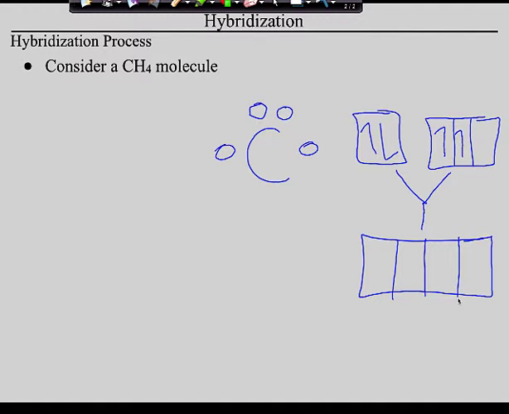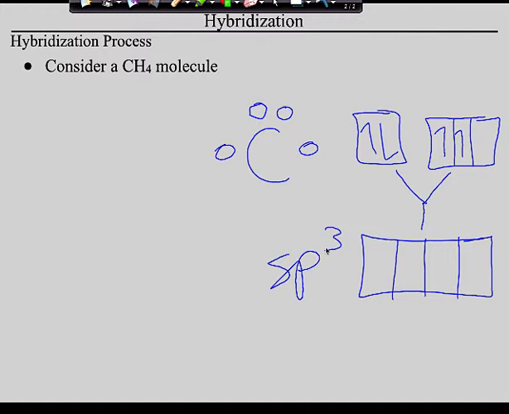The S and P, when they blend together, form hybrid orbitals that kind of look like the S. And guys, what do the S orbitals look like? Spheres. And they kind of look like the P's, which look like dumbbells. And when they meld together, they form these hybrid orbitals. And in this case, these are what are called sp3 hybrid orbitals.